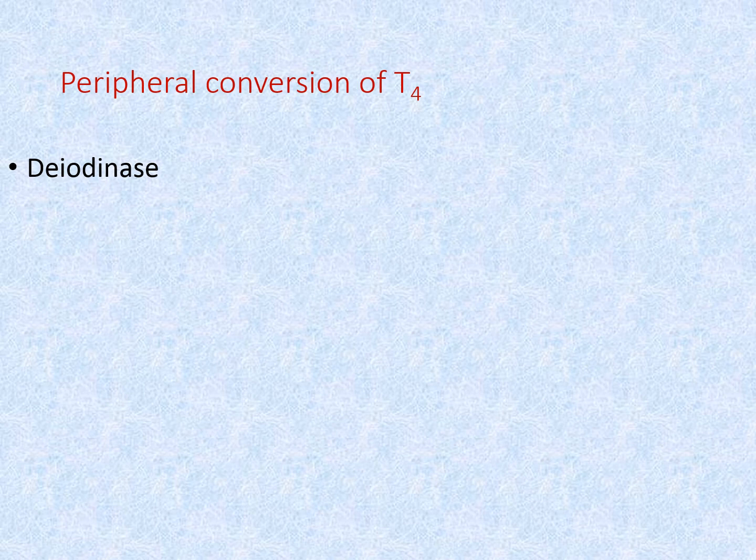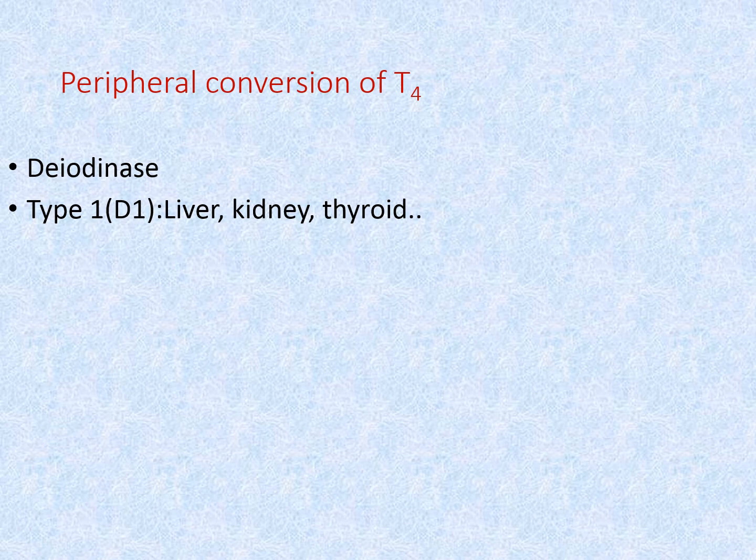Now this type 1 deiodinase, or D1, is present in tissues with rich blood supply, so mainly in the liver, kidney and thyroid. But in the thyroid gland it has low affinity, that we should understand.